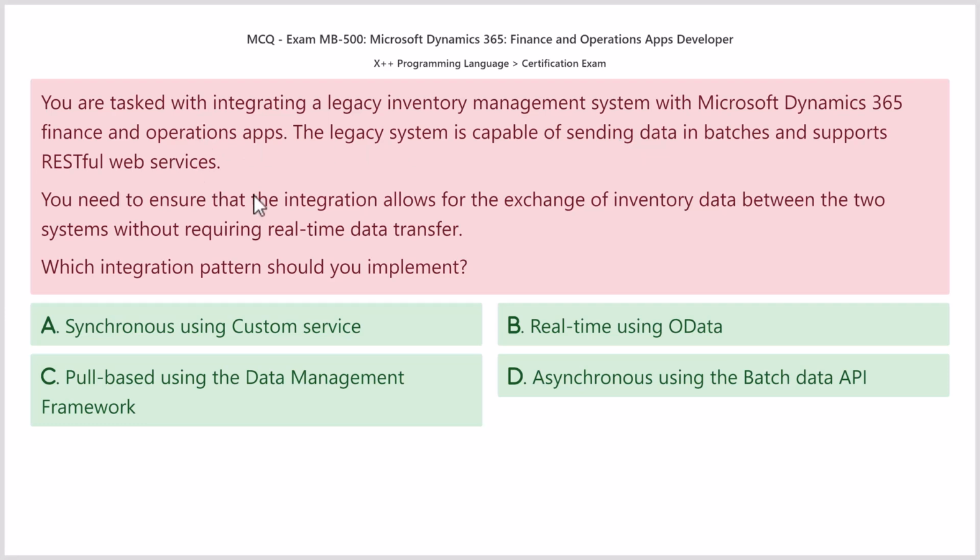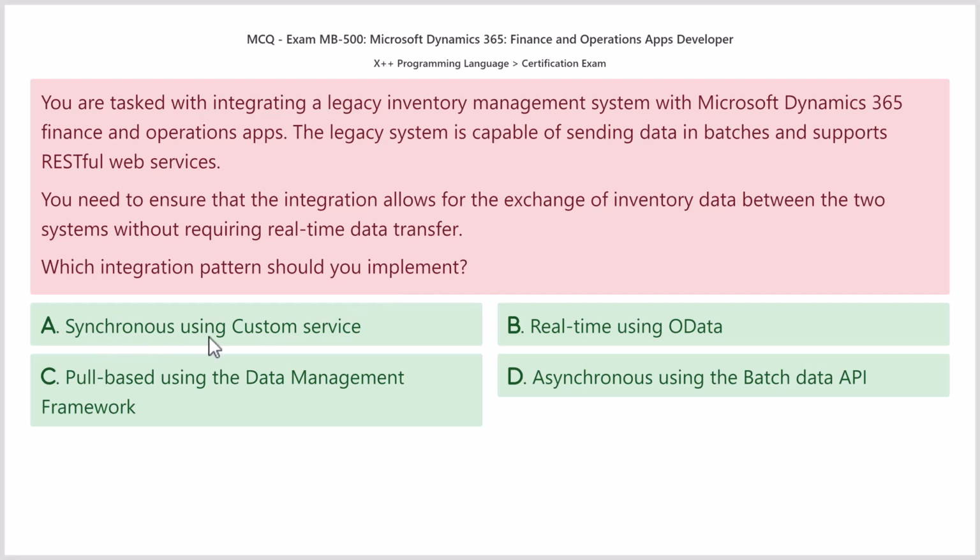You need to ensure that the integration allows for the exchange of inventory data between the two systems without requiring real-time data transfer. So real-time data transfer is not required in this scenario. Which integration pattern should you implement in this case?